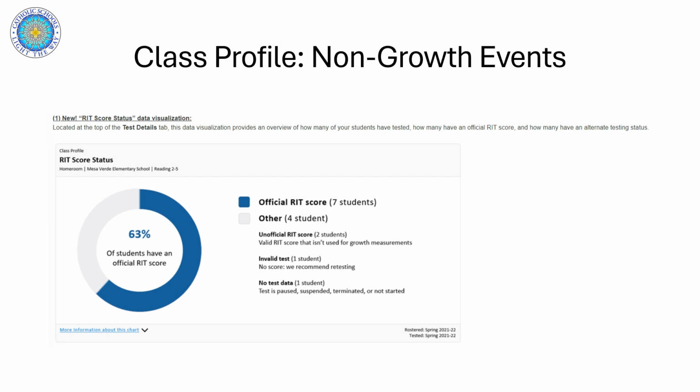It could also be that there is simply no test data. It could be that the test was paused and not restarted. The test was suspended either by the student, by the proctor, or by the fact that they were flagged multiple times for rapid guessing, and the proctor did not resume the test for the student.